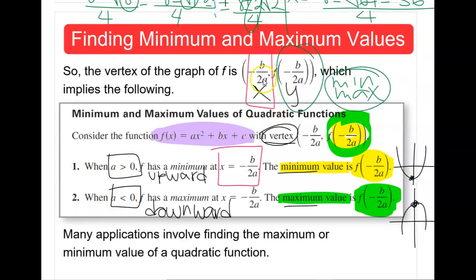Now, what is the negative b over 2a? Well, the negative b will come from the coefficient of x, and the a is going to come from the coefficient of x squared. With that, we're going to find the x value. Once we have the x value, as you can see here, we have f of that value.